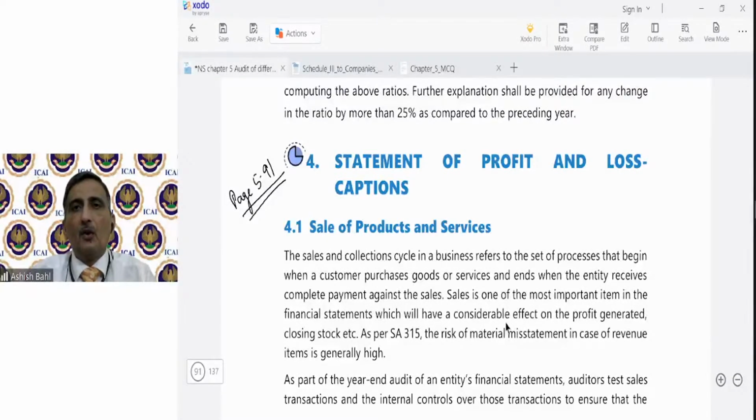So, students, you know that the format of statement of profit and loss is given in part 2 of division 1 of schedule 3. I am showing you the schedule 3.